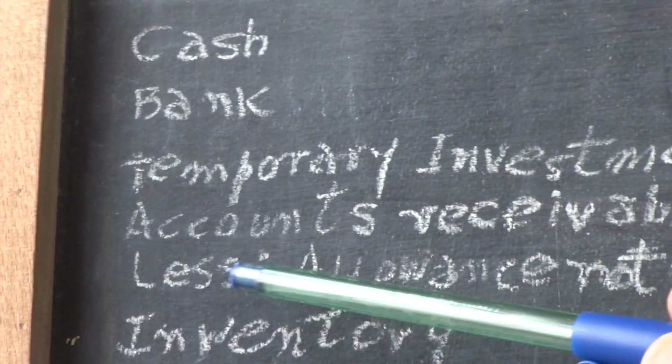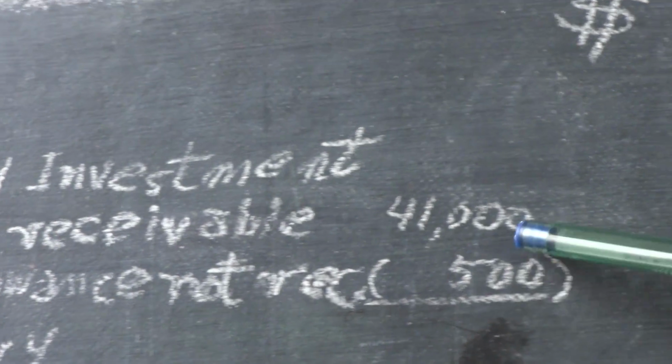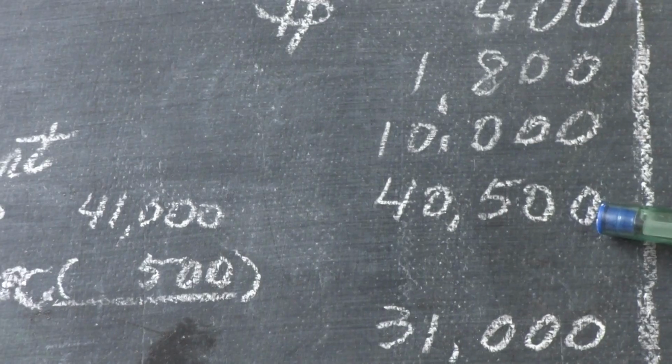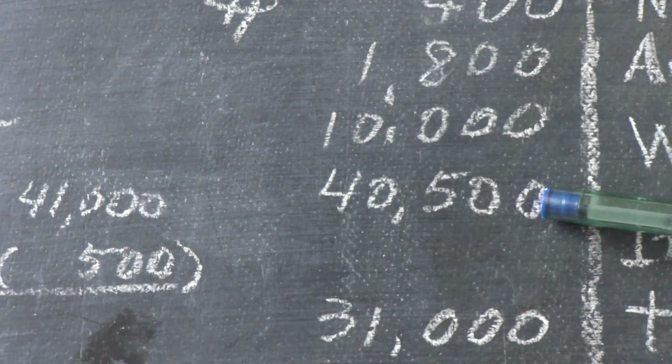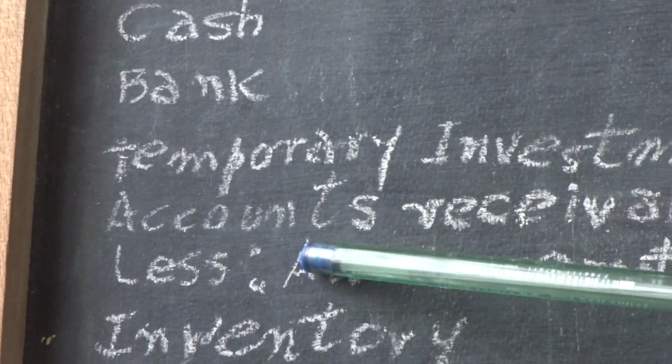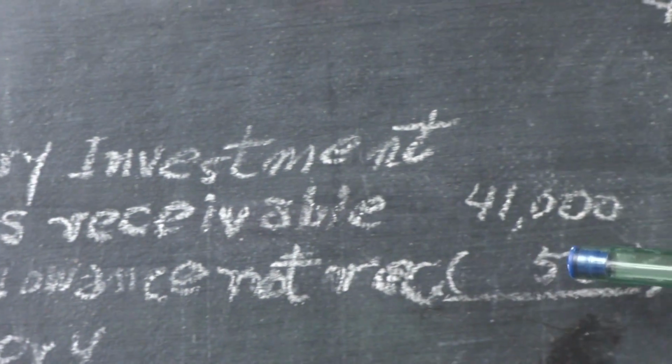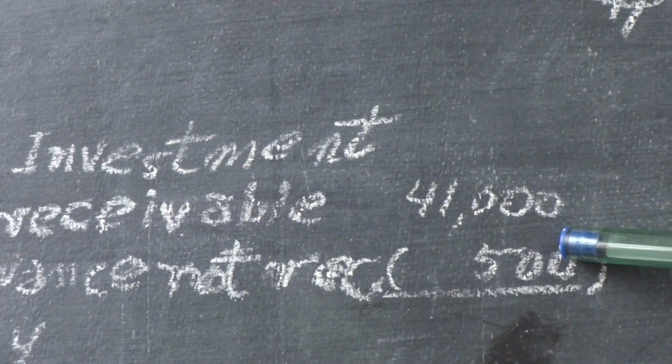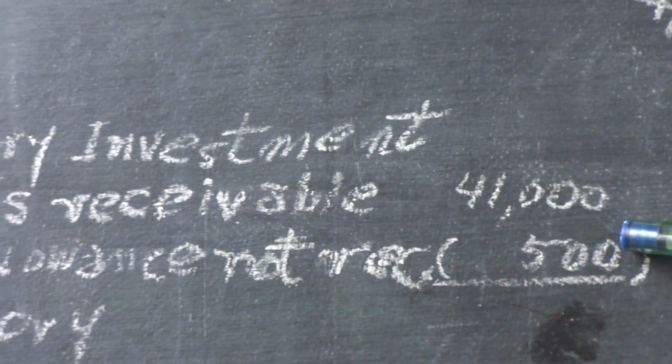Then we have accounts receivable net for $40,500, which are composed of accounts receivable by $41,000.